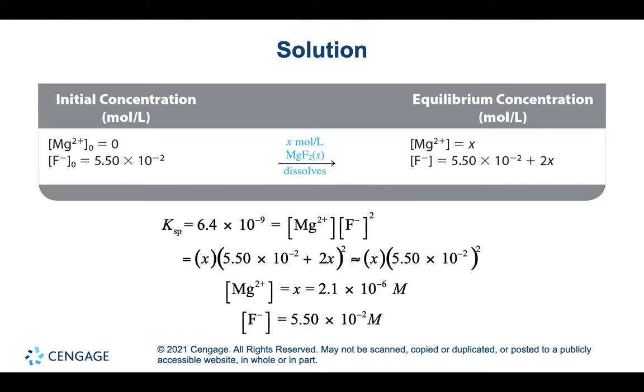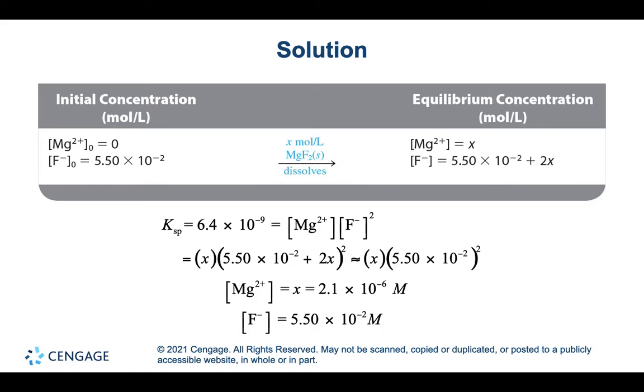Initially our Mg plus 2 is 0 and our F minus is 5.5 times 10 minus 2, but because of the shift to reach equilibrium, the Mg plus 2 will be plus x, and the F minus will be plus 2x.